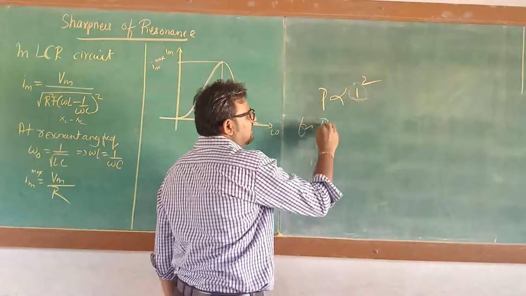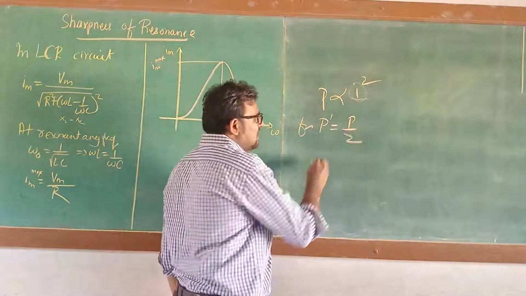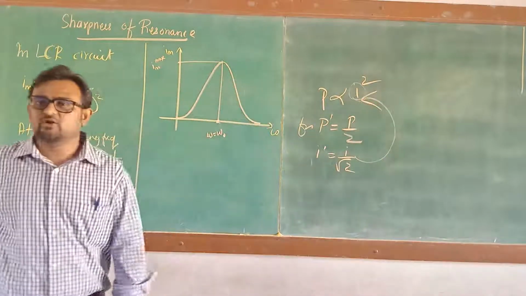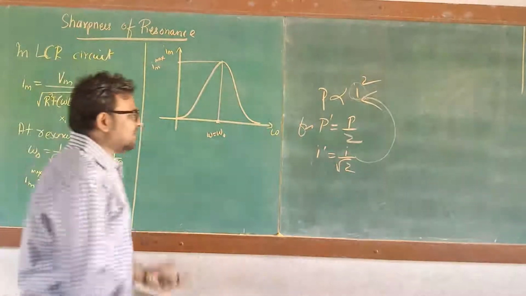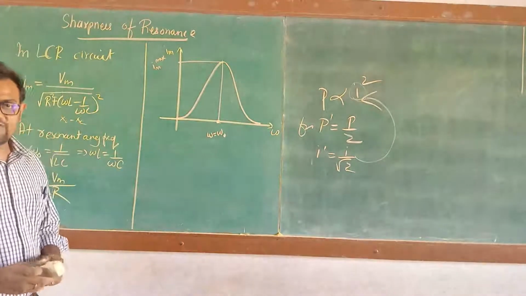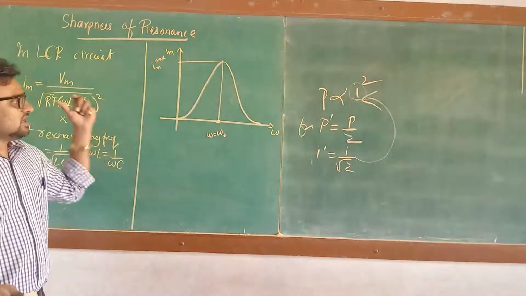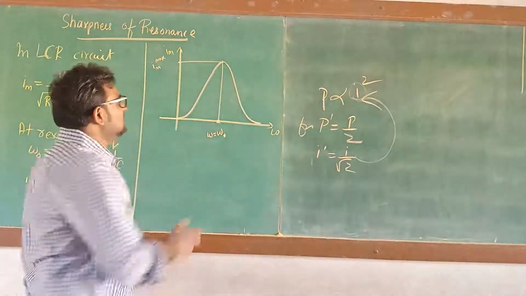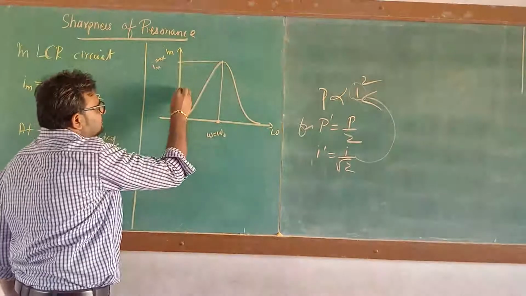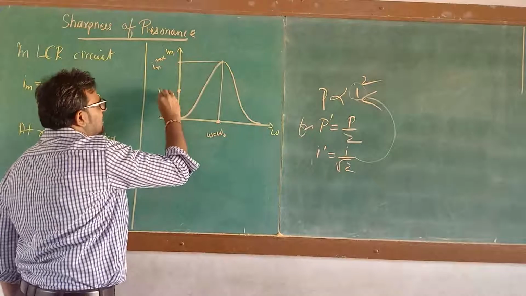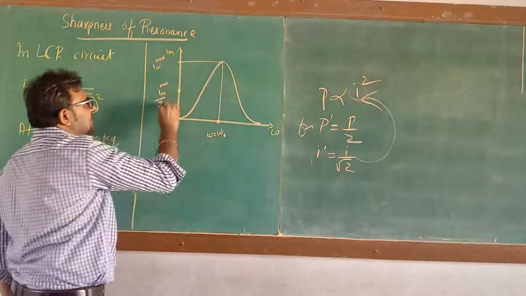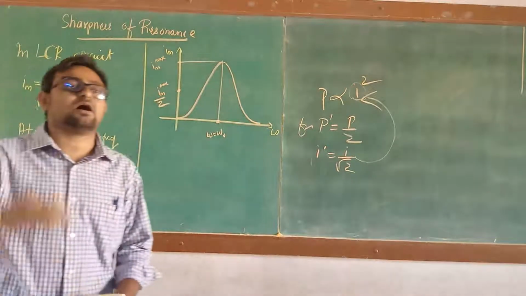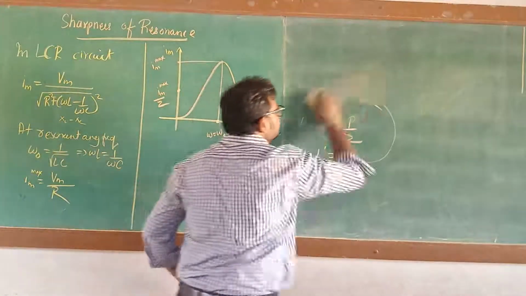Means for P dash equal to P by 2, I must be equal to I by root 2, because when you square it, it will become half. So when the value of Im is I max by root 2, the power dissipated will become half.